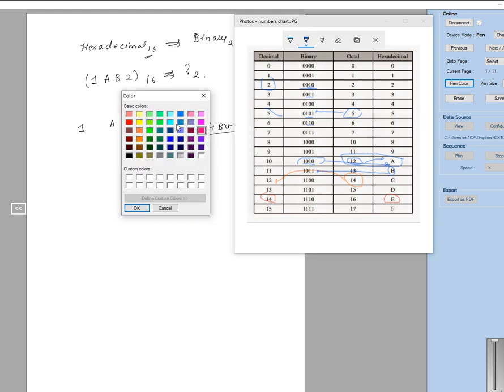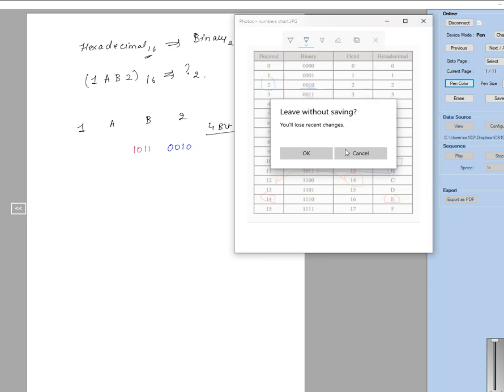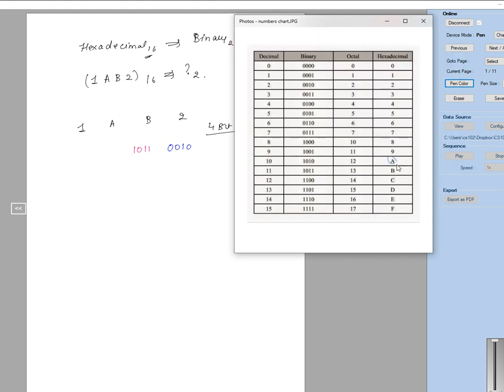Now let me change the pen color again. For A, the equivalent is 1010.